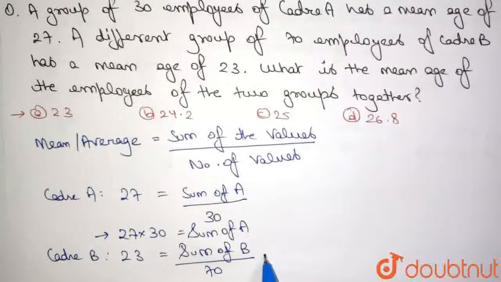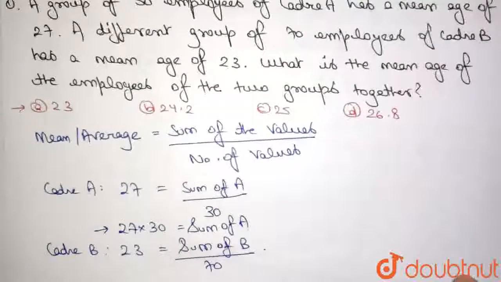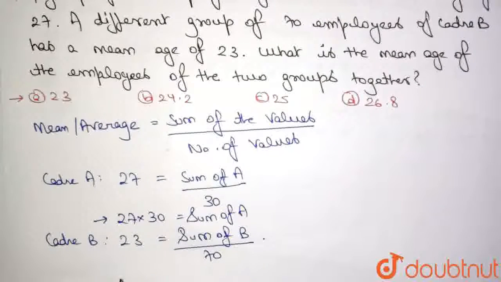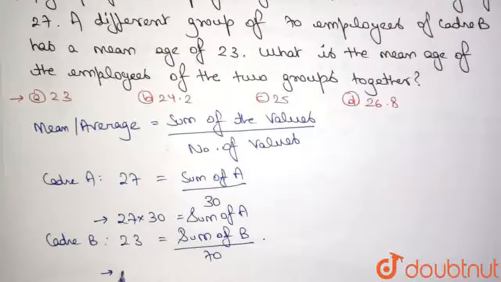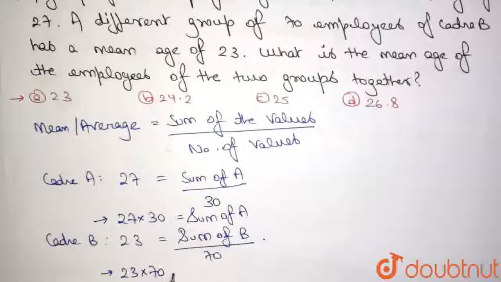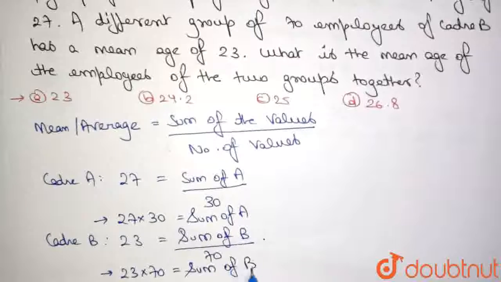Similarly, if I multiply both sides by 70, I can say that 23 into 70 is equal to, now this 70 in the denominator gets cancelled out and what remains is sum of B. So sum of B is equal to 23 into 70 and sum of A is equal to 27 into 30.